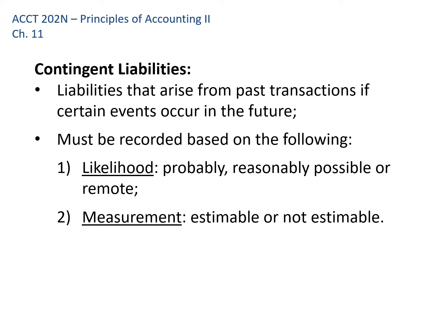So there's two ways that we look at these kinds of contingent liabilities. One is the likelihood of actually having to pay money out. So either you probably are going to do it, it's reasonably possible, it might happen, it might not, or it's remote. And then measurement. Can we estimate how much we're going to have to pay, or is that impossible to do?